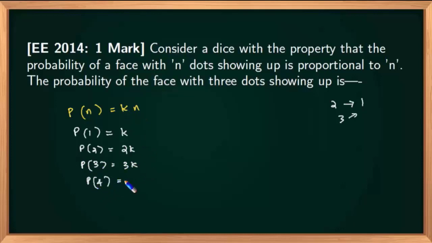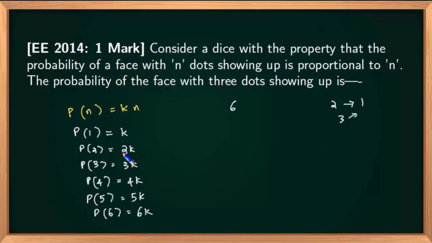The probability of getting 4 will be 4k, of getting 5 will be 5k, and that of 6 will be 6k. Now when I add these, I must get 1, because in a dice I have 6 faces, so I cannot have a 7th face, which means the total probability must be 1.